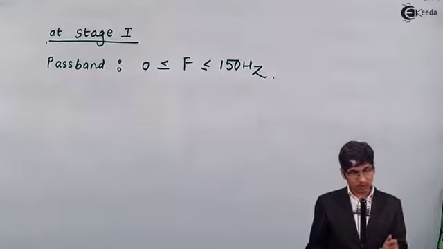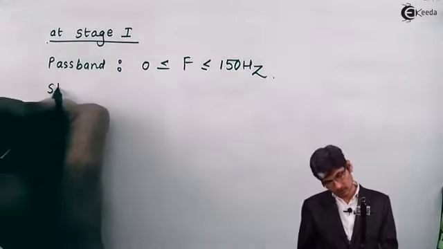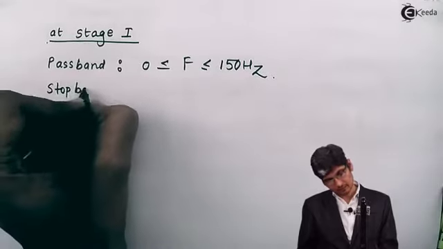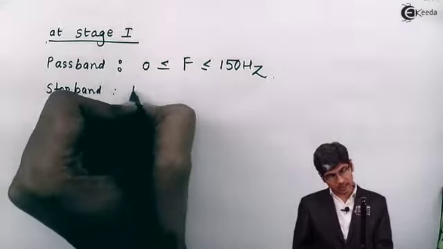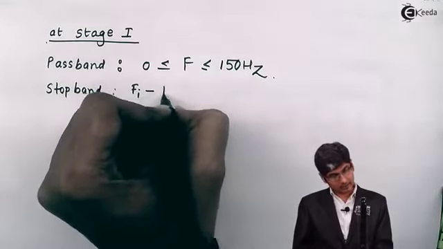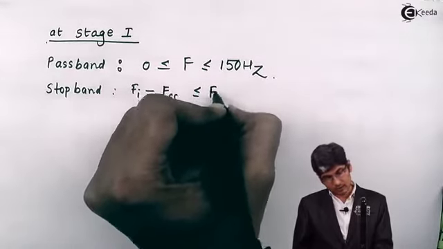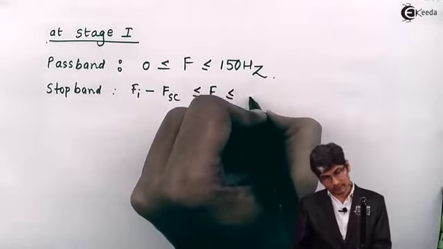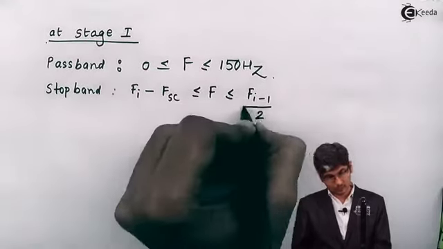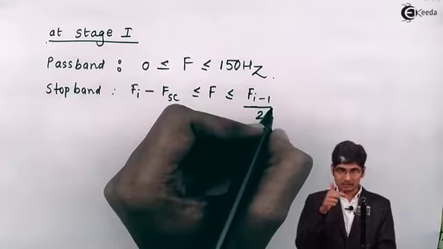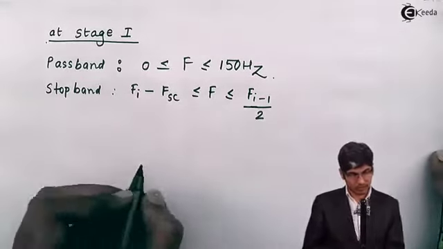So what will be the stopband? The stopband edge will be Fi minus Fsc less than or equal to F less than or equal to F(i-1) by 2. Here i minus 1 is in the suffix part, not in the main part.